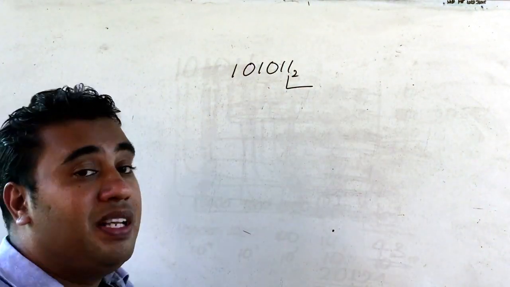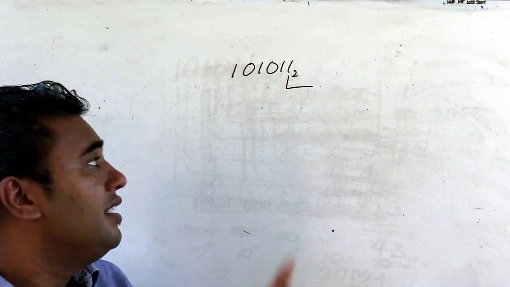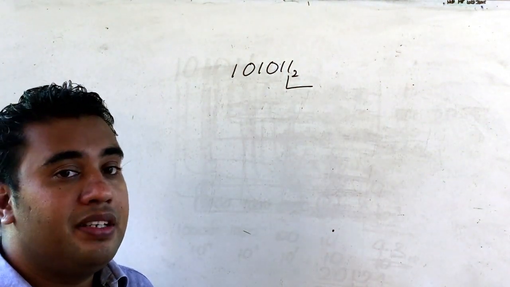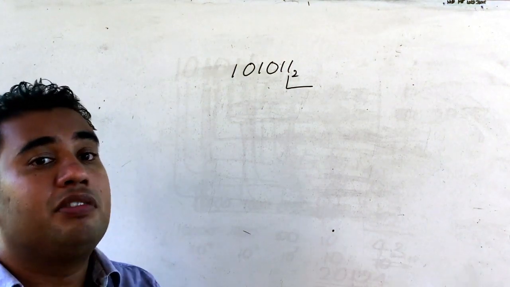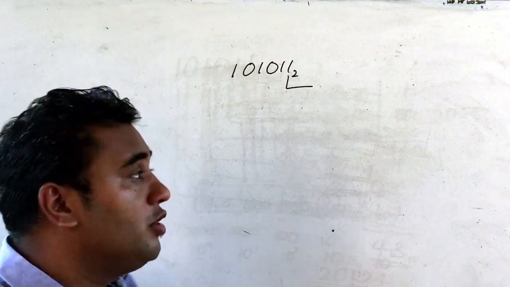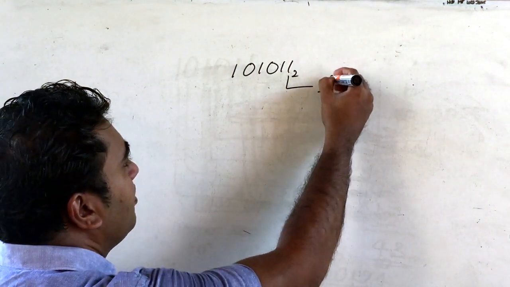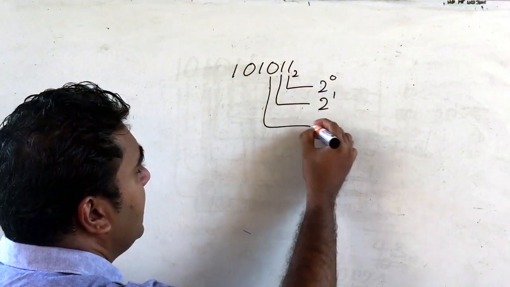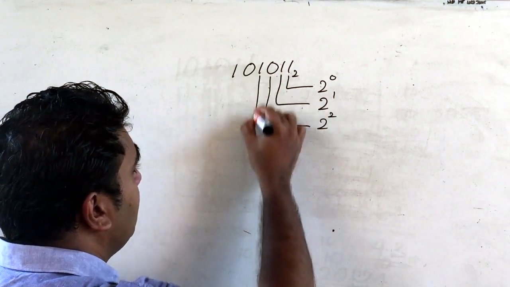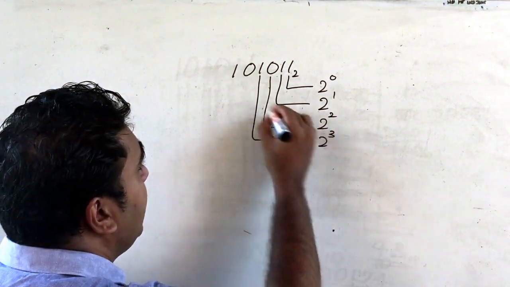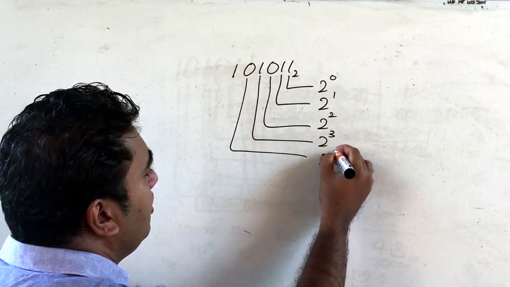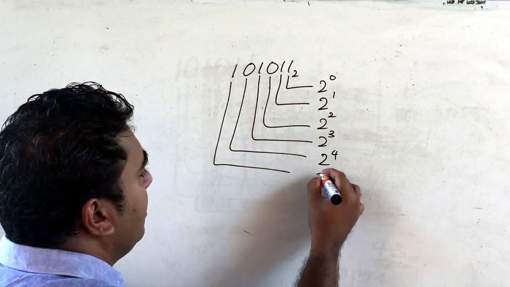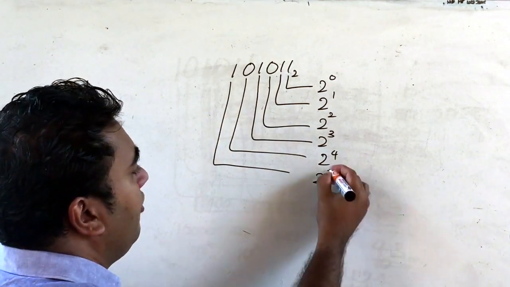If we consider the place values of each digit, here the place value will be the base to the power 0. The base is 2, so the place value will be 2 to the power 0. Here 2 to the power 1, 2 to the power 2, 2 to the power 3, 2 to the power 4, and 2 to the power 5.